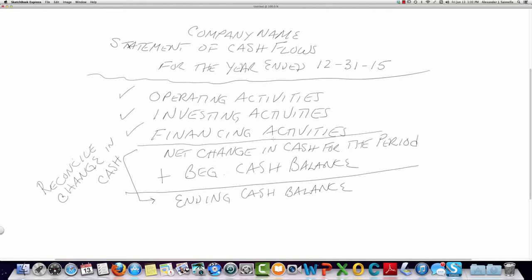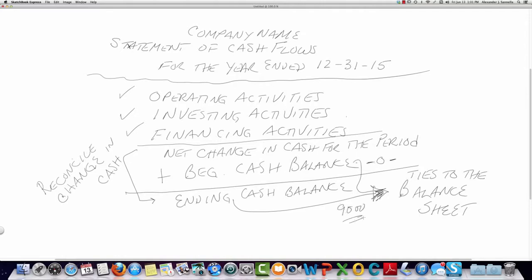And one more point, we talked about articulation. This is the ending and the beginning cash balance. Where would you find that? Well, we're going to find that on the balance sheet. So this ties to the balance sheet. And in the Smart Touch example, we know they started their business with 0 in cash and they ended with $9,000.